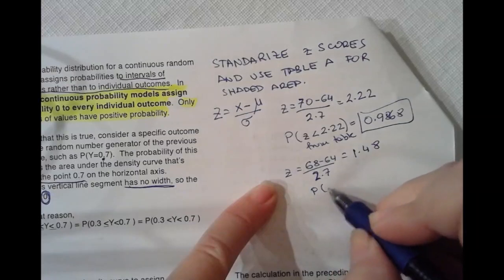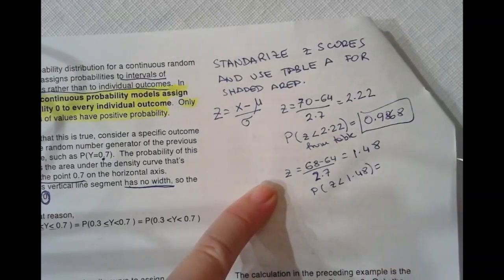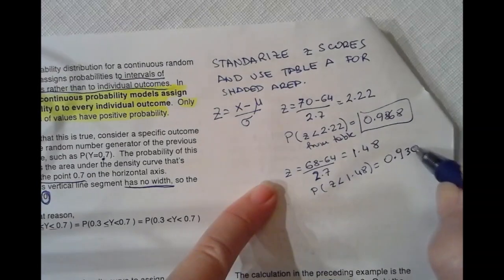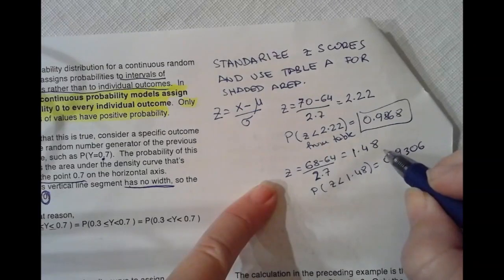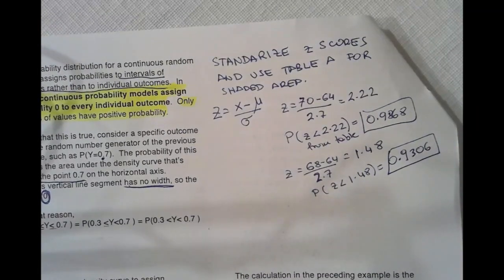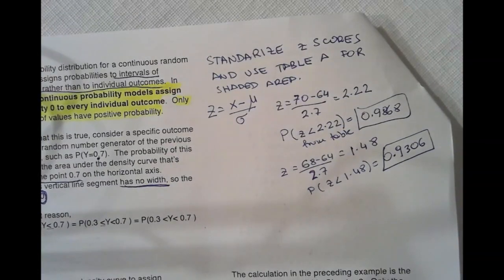So the p-value from z-score that's less than 1.48, because remember the table always gives you the area to the left, it's 0.9306. So we are looking for the value.